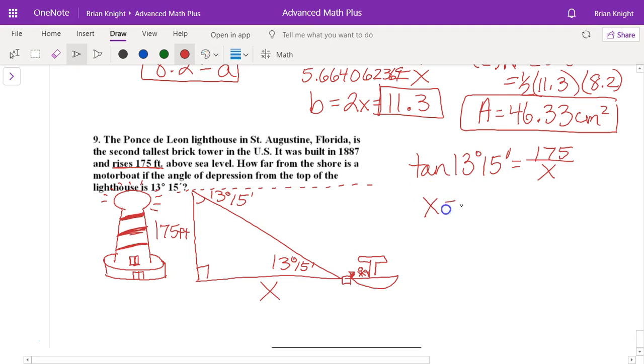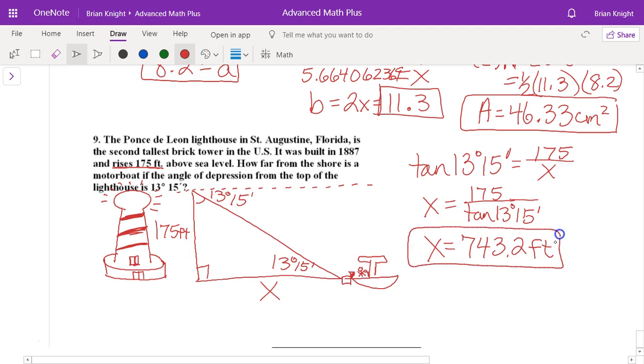So x will equal 175 divided by the tangent of 13 degrees, 15 minutes. Stick that in my calculator, and I should get 743.2 feet. And of course that is rounded.